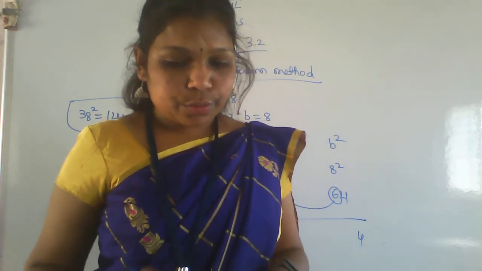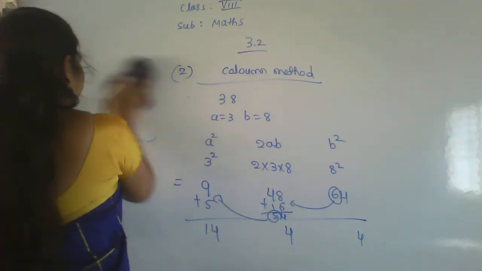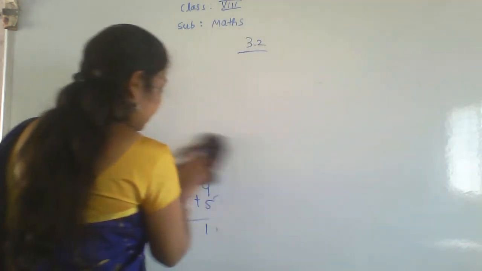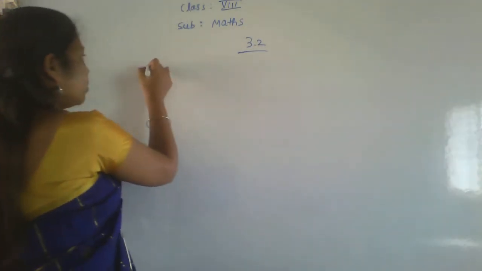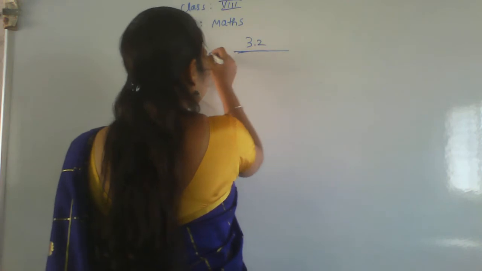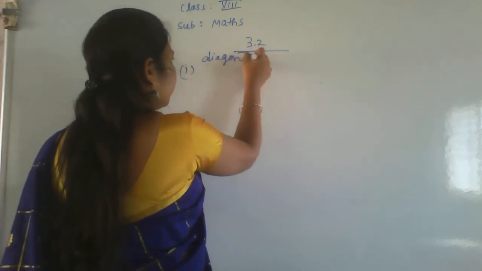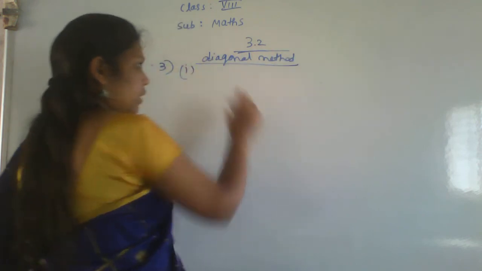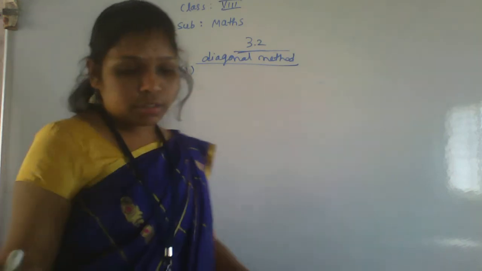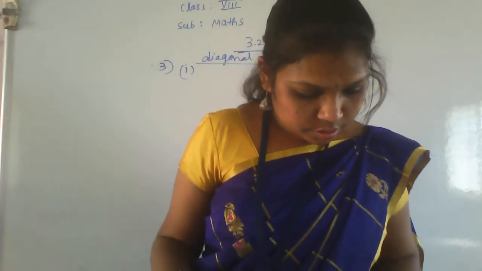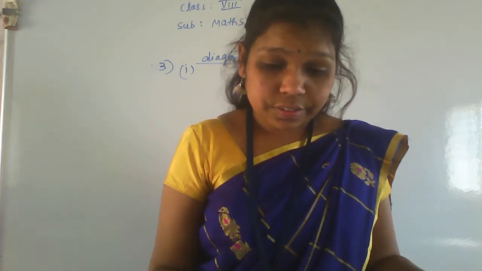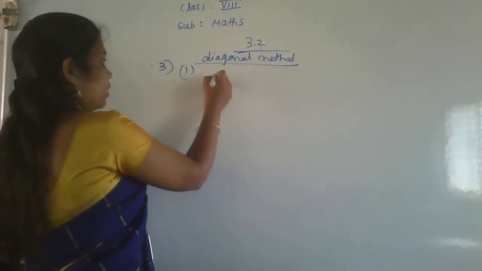Okay, so we have to do now the third main, first problem, that is the diagonal method. Using the diagonal method you have to find the square of a number, and the number is 53, right? 53 they given here.